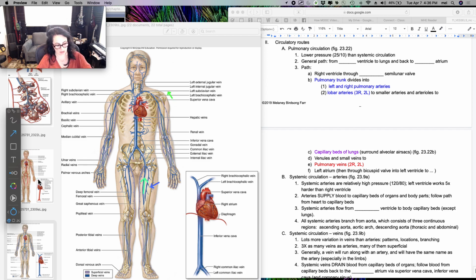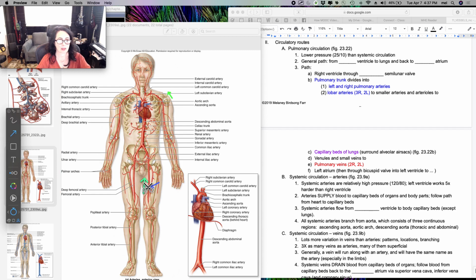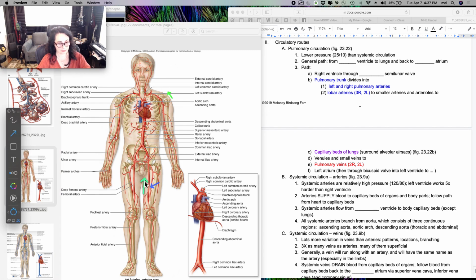Whereas this femoral artery right here is supplying. Okay, finally got it. So this femoral artery is going to be supplying. So the blood's going that direction through the femoral artery. It's going the other direction through the femoral vein.